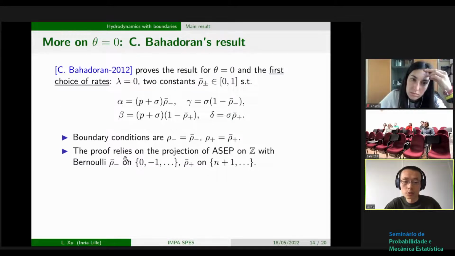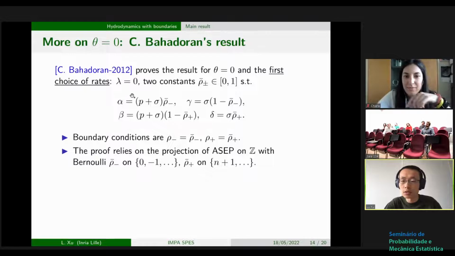His proof relies heavily on the projection of the asymmetric simple exclusion on Z with density rho minus bar on the left and rho plus bar on the right. So his proof is restricted to this special kind of boundary rates, and it can only deal with boundary rates that don't depend on time. So here rho plus and minus should be two constants, not functions.